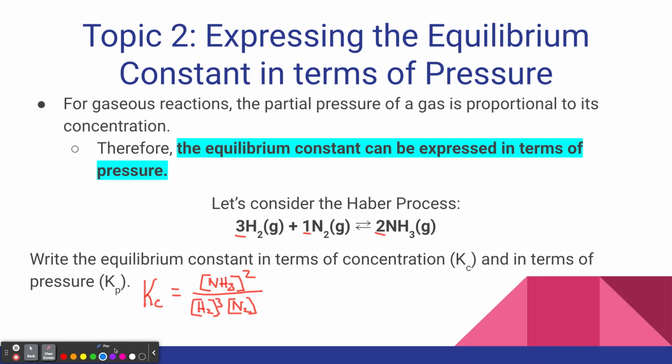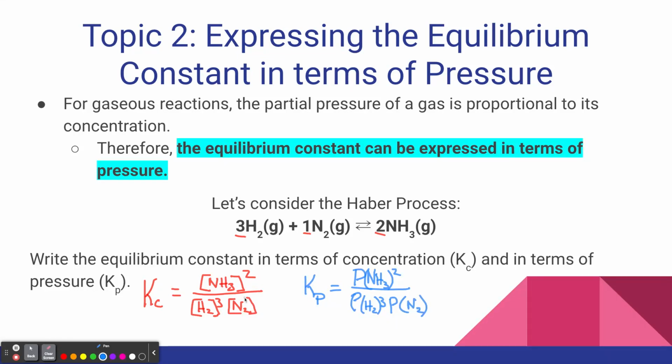Now, if we were writing this in terms of our equilibrium constant in terms of Kp, or partial pressures, we're going to say Kp is equal to, ready for this one, the partial pressure of ammonia raised to the second power over the partial pressure of hydrogen raised to the third power times the partial pressure of nitrogen gas raised to the first power.